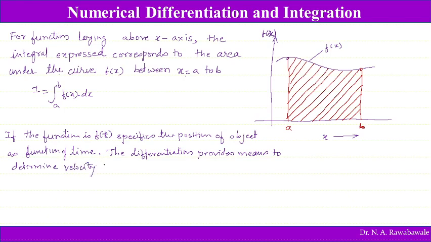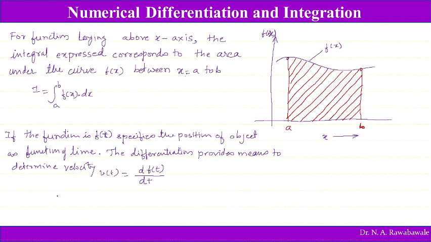How do we define velocity? Rate of change of position with respect to time is velocity, that is v of t. Velocity of the object is nothing but differentiation of function f of t with respect to time t, dt.